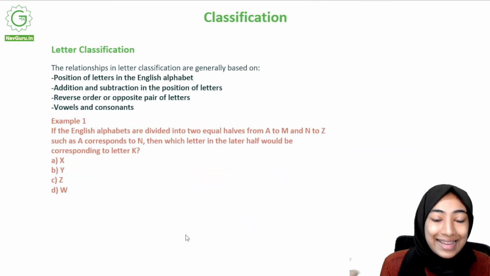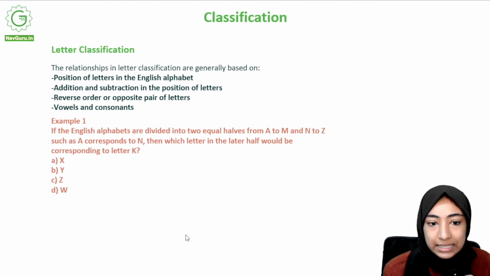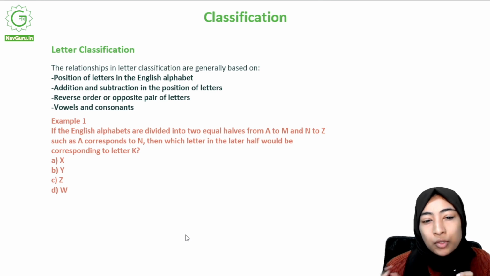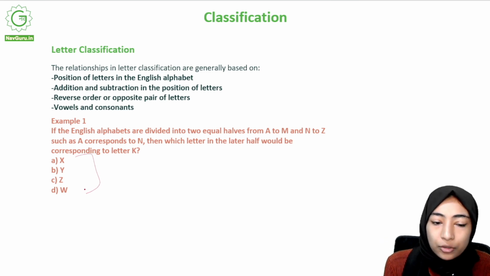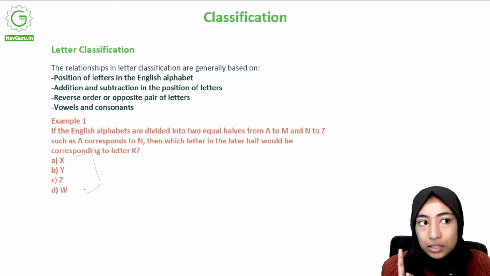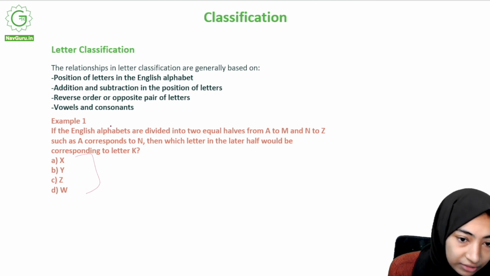Now let's move to the second kind, letter classification. So what happens in letter classification? Now you will be given a couple of letters, as you can see in example 1, and there'll be a couple of questions. It could be based on one important thing that questions are usually asked on, the position of the letters in the English alphabet.